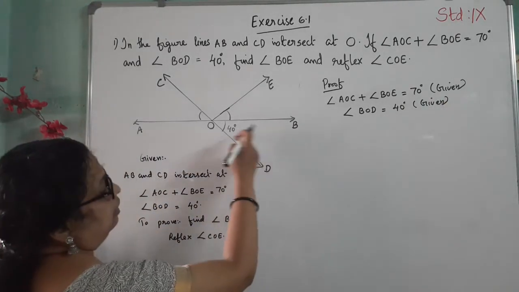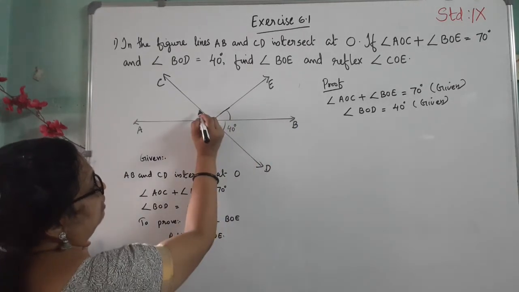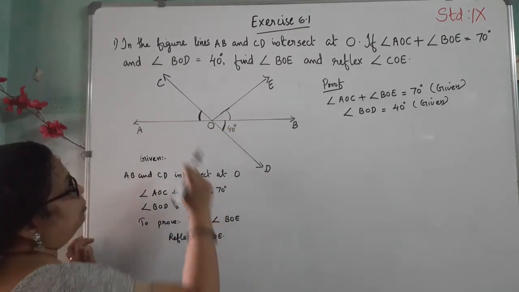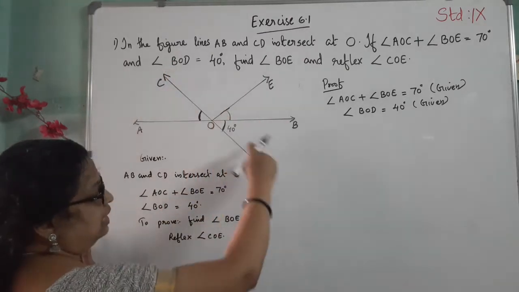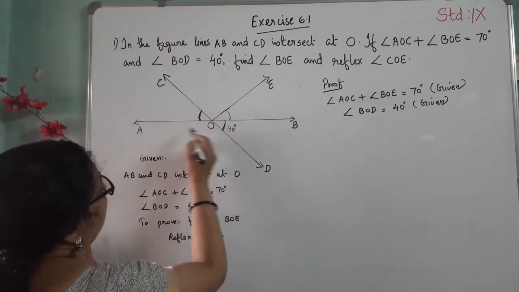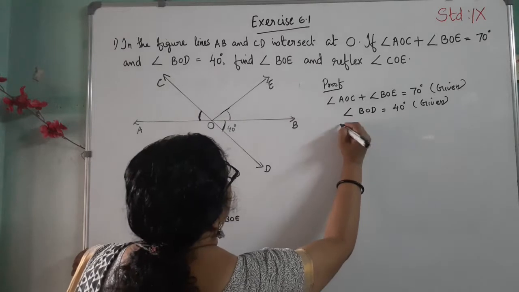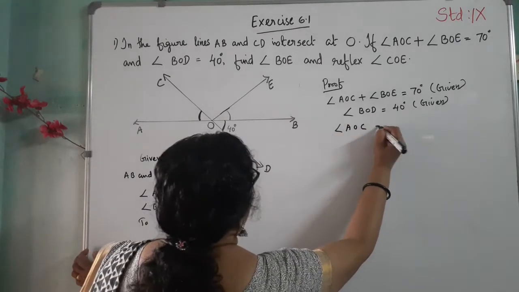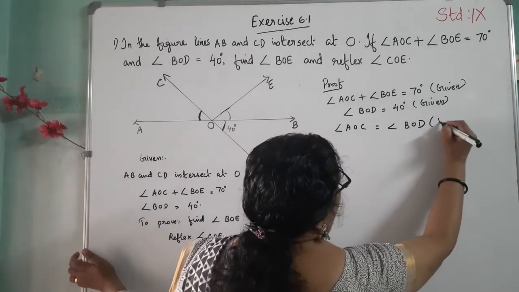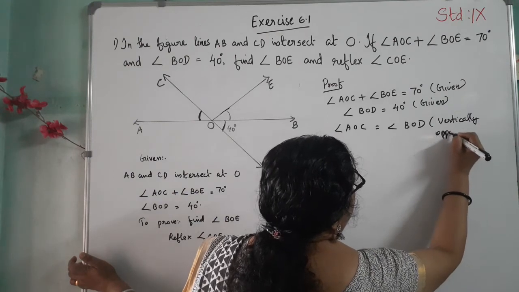Now listen, angle BOD is 40 degrees, and what about angle AOC? Since AB and CD intersect at O, angle BOD and angle AOC are vertically opposite angles. So we can write angle AOC equals angle BOD, vertically opposite angles.